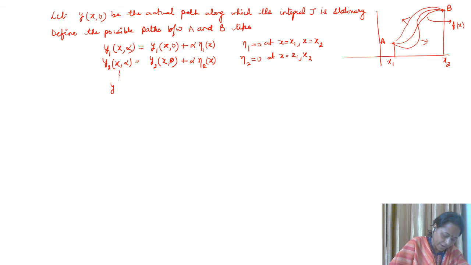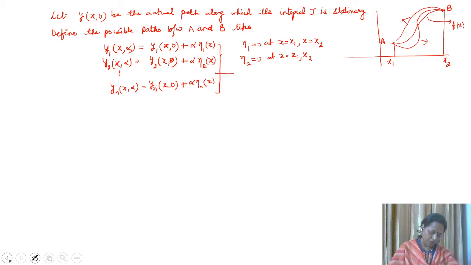Similarly, you can define the neighboring paths corresponding to all the dependent variables: yn(x, 0) plus alpha eta n(x).